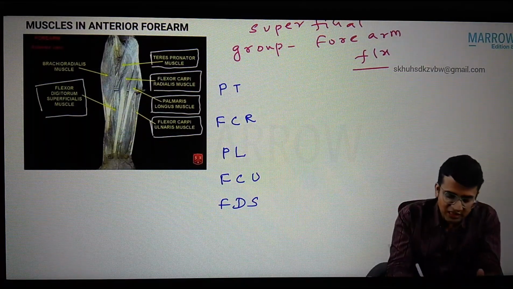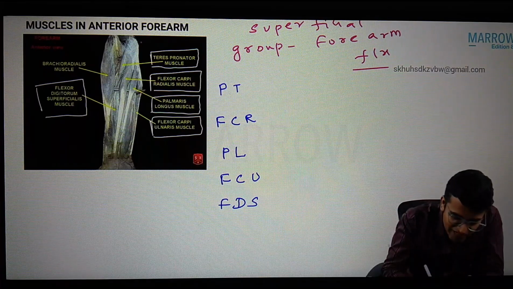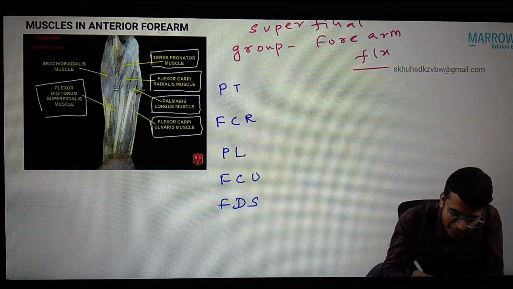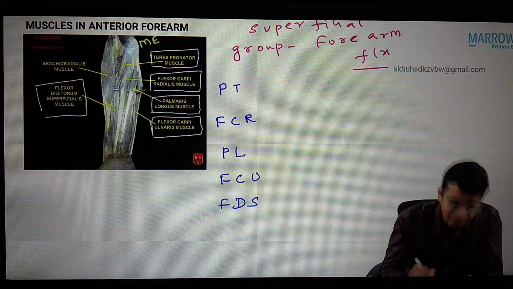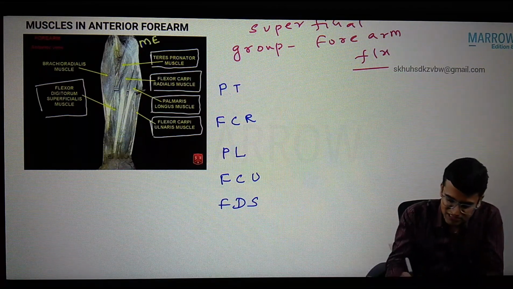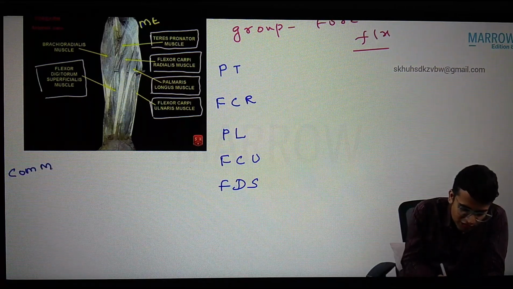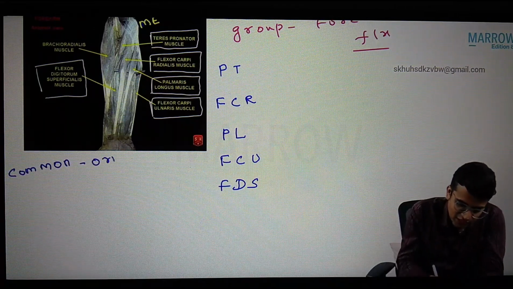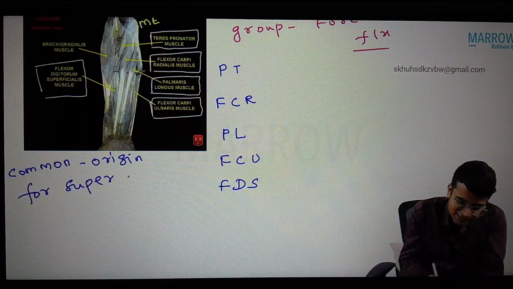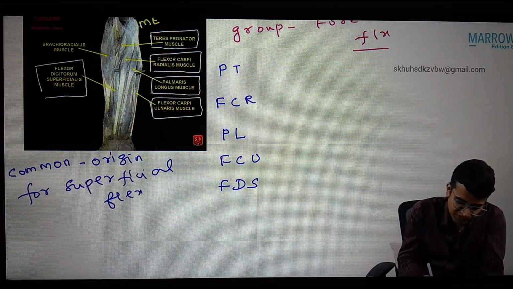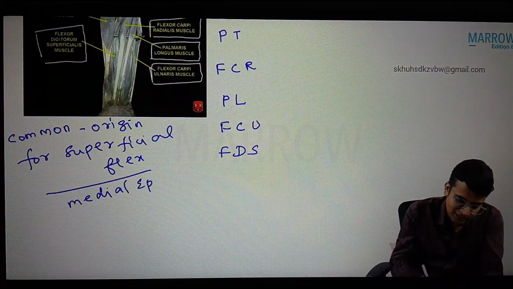Now these muscles take origin from a common point, that is the medial epicondyle. I am writing only ME here. So ME means medial epicondyle. These superficial flexors have a common origin, that is our medial epicondyle.